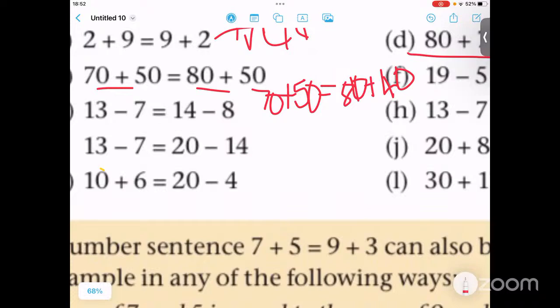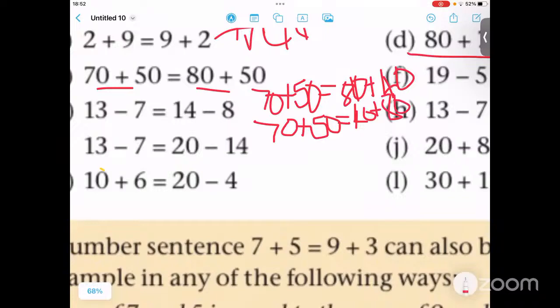So it's going to be 70 plus 50 is equal to 40 plus 80.